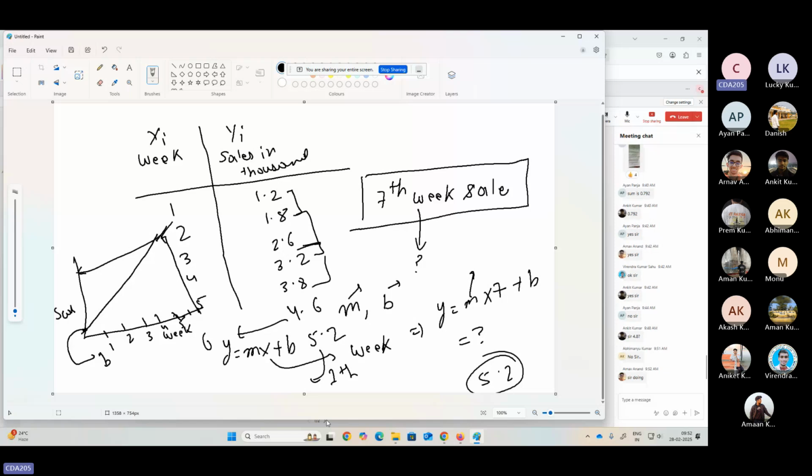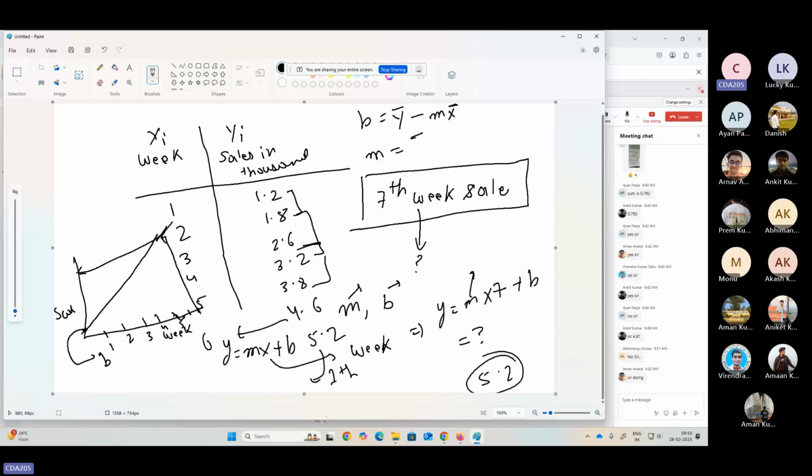Okay, do it. No problem. You can take the time. What is the formula for b? It is y bar minus m into x bar. And what is the formula of m?